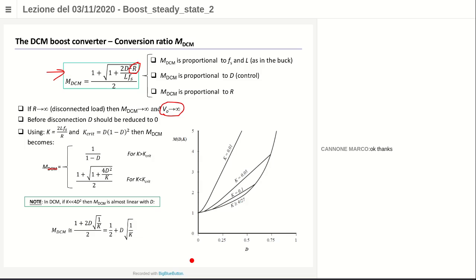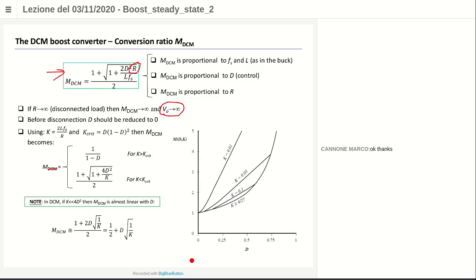This can be done safely in the buck, but if you do the same operation in the boost, then the boost explodes. So please, even if you are in the buck, when you want to measure the output resistance, do not disconnect the load and then measure it with the ohmmeter.